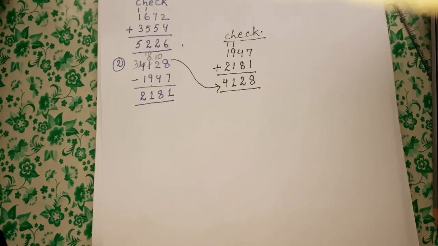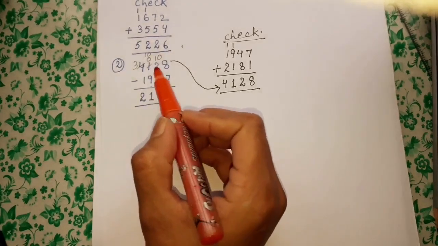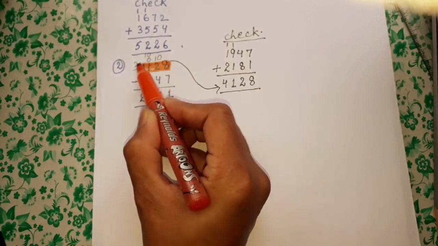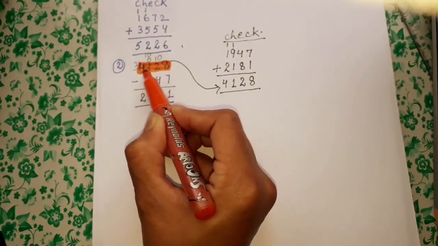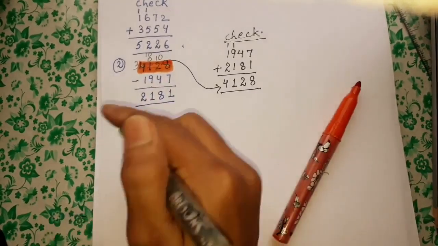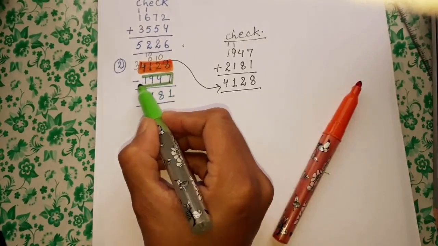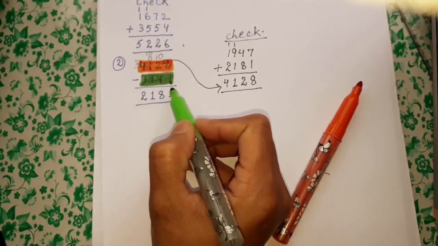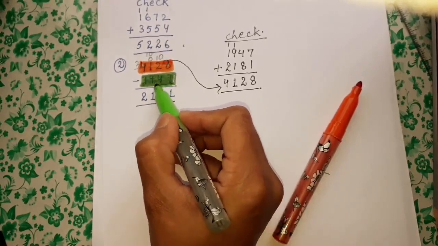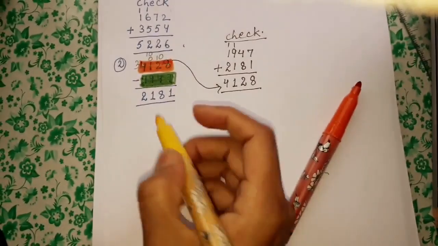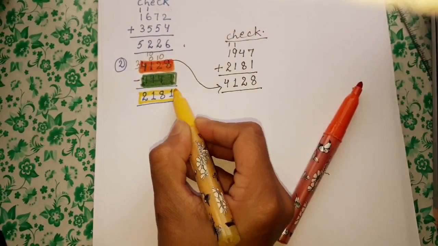We can arrange it with the help of colors also. For example, our minuend is in the color orange, and our subtrahend is in green color. I think the numbers are visible to you all. And last one is our difference. Here we take yellow color.